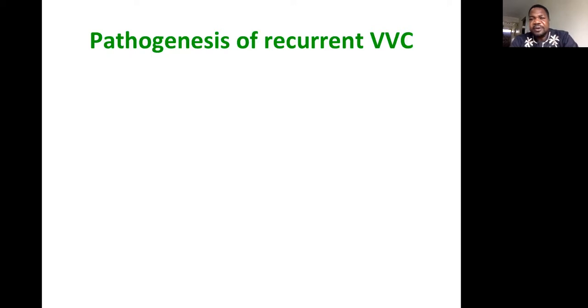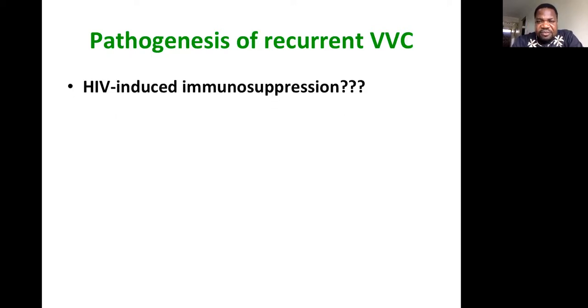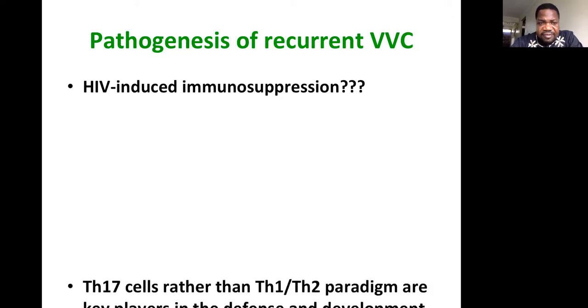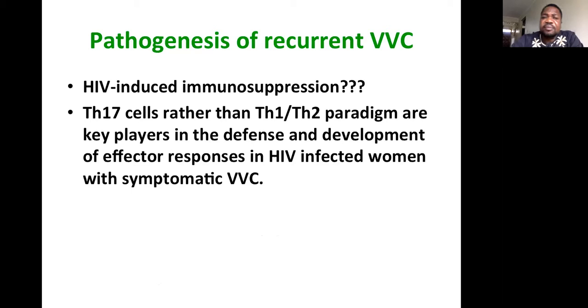Now, the pathogenesis of recurrent vulvovaginal candidiasis is thought to be HIV-induced, but not all women with recurrent vaginal candidiasis are HIV infected. There is also a possibility of imbalance between Th17 and regulatory T cells, or a dysregulated immune response.